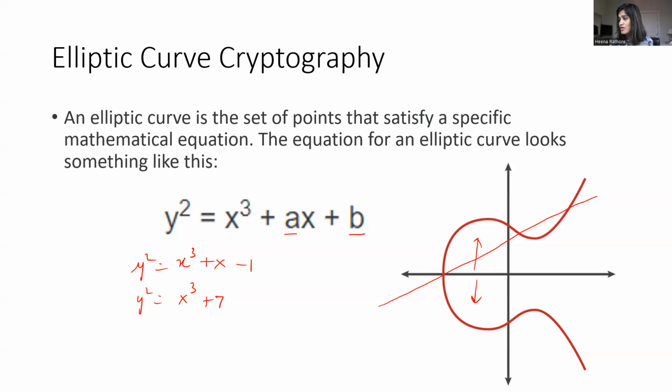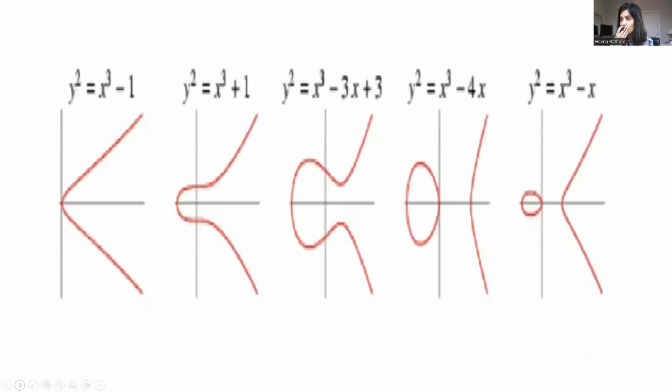If you will see certain graphs, when we substitute these values. If I substitute the value of A as 0 and B as -1, you will get a curve something like this, which is the first curve. When you substitute the value of A as 0 and B as 1, then you will get a curve like this.